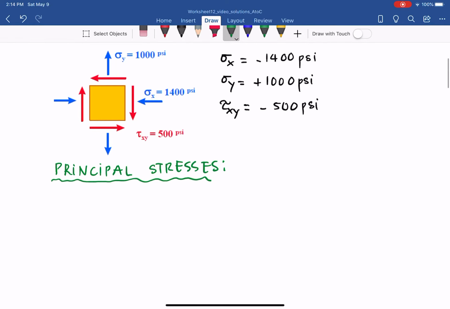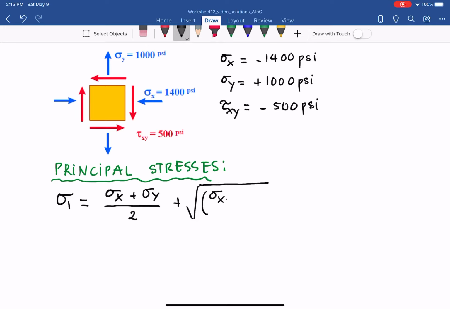And here with the equation we have sigma 1 equal to sigma x plus sigma y over 2, which is sigma average, plus the square root of sigma x minus sigma y over 2 squared plus tau xy squared.